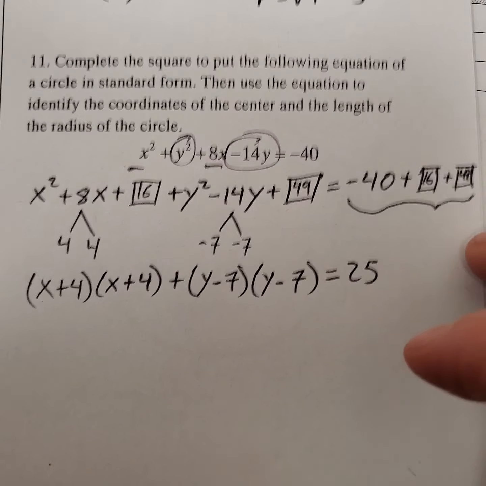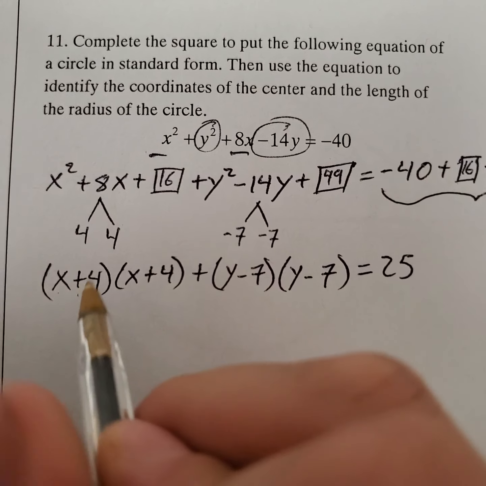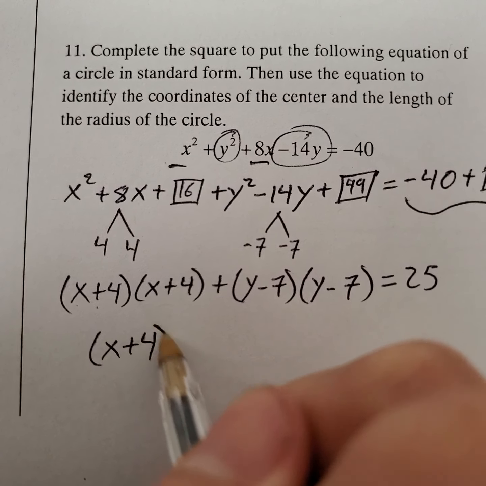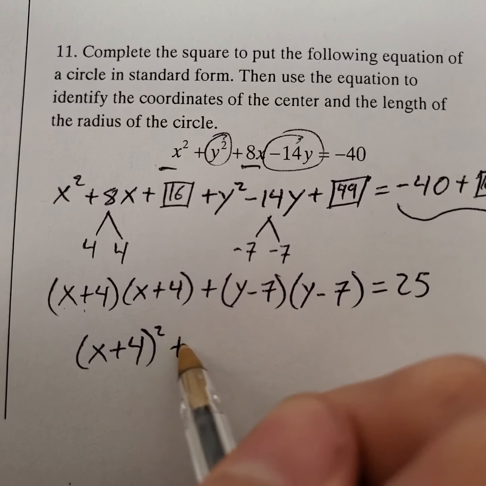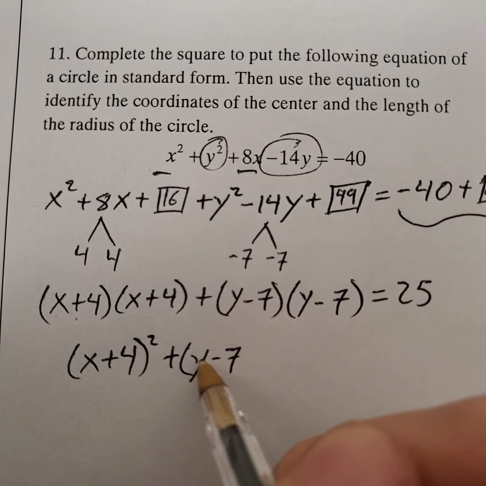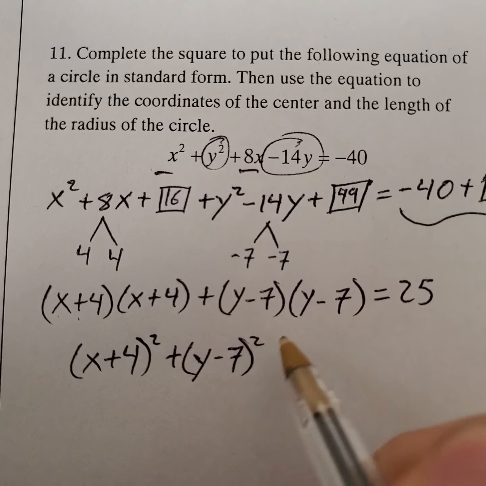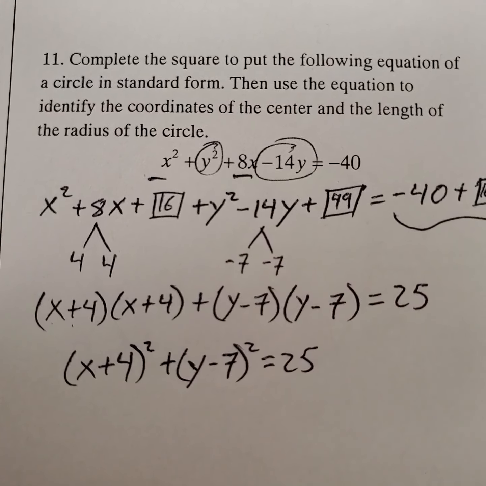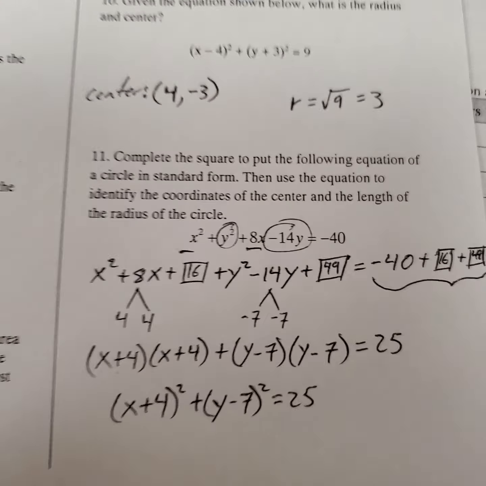It's time to go to the last step, which should be taking these two. That's plus 4 becomes squared plus y minus 7 also becomes squared equals 25. Now we have something similar to this.